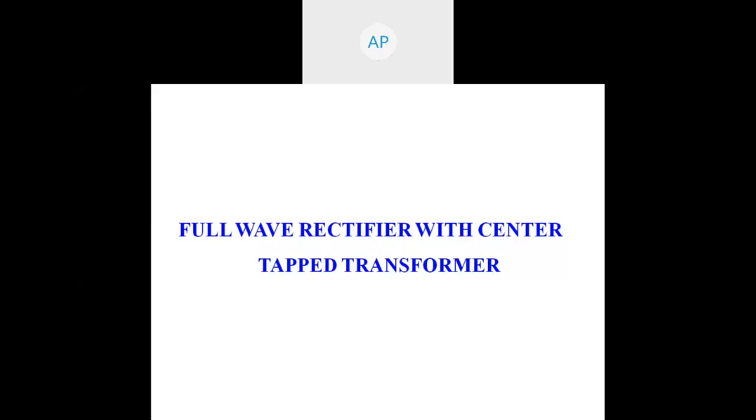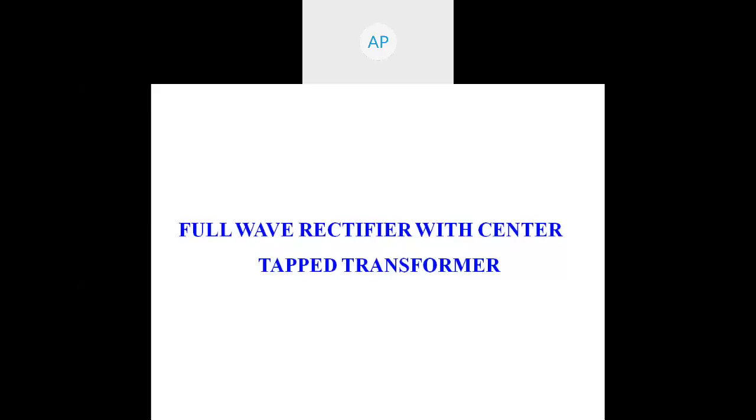Now we have seen the half wave rectifier. What are the problems associated with it? The first problem is low rectification efficiency. The second problem is excessive ripple. The third problem, efficiency is low. And the fourth is DC saturation. Why is there DC saturation?